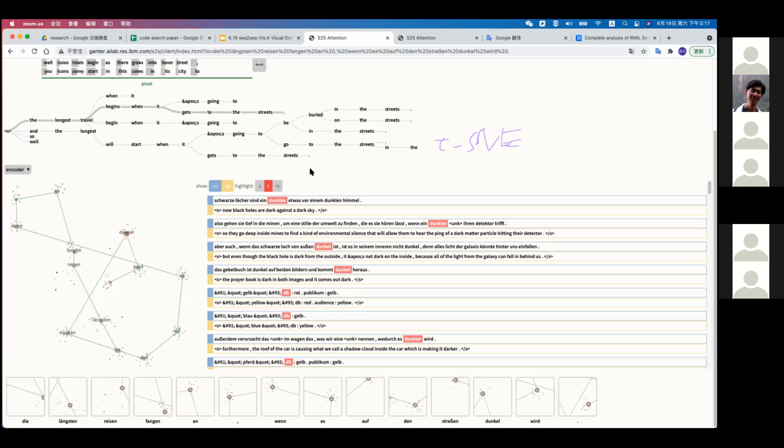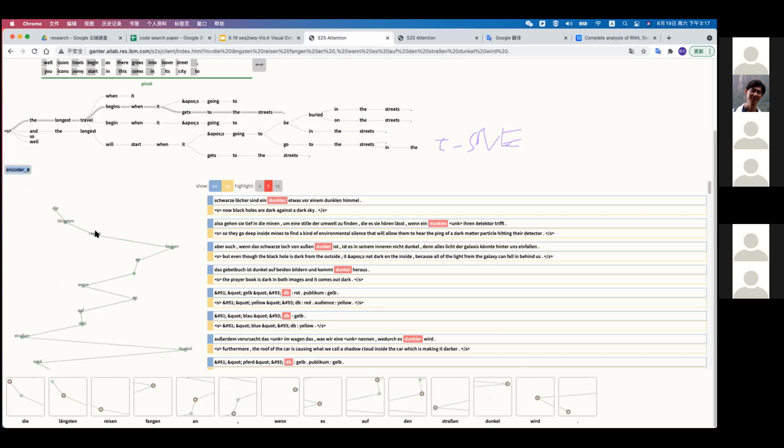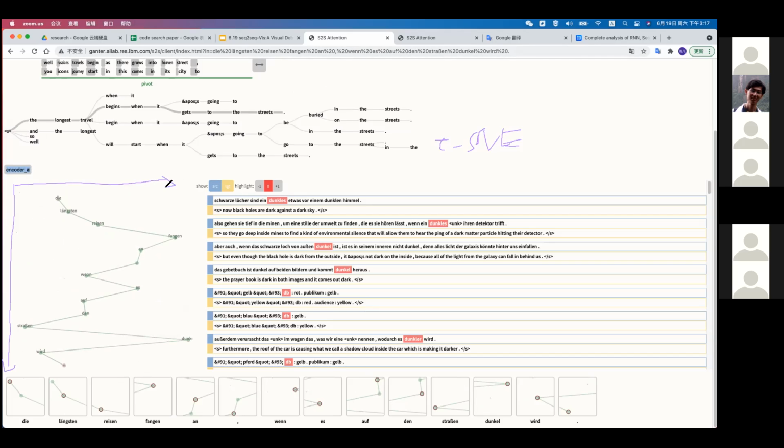And do you know what the green line means? Oh, this is the sequence of the words, just the order. You can change it to another. Yeah, this is just the sequence from the first word to the last word. Do the different lines represent different sentences? Yeah, the y-axis is the position of the word.